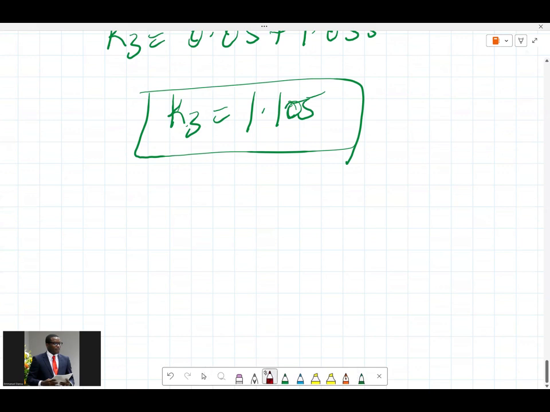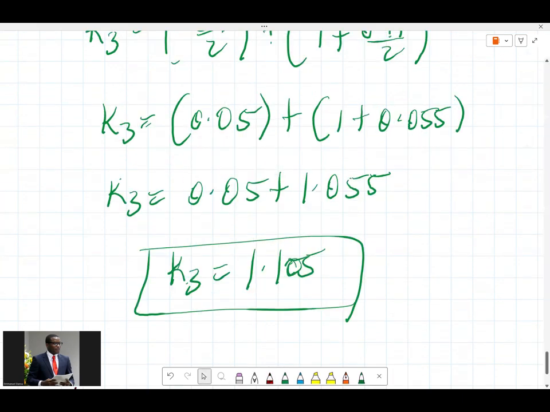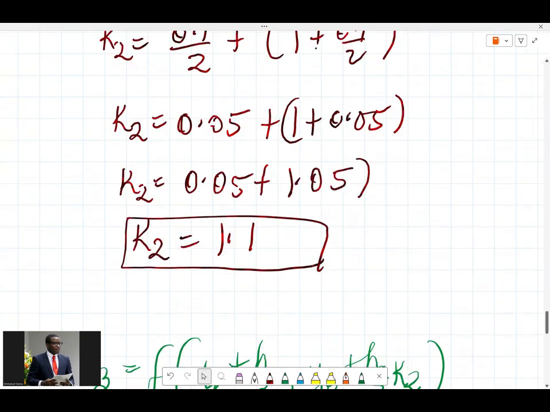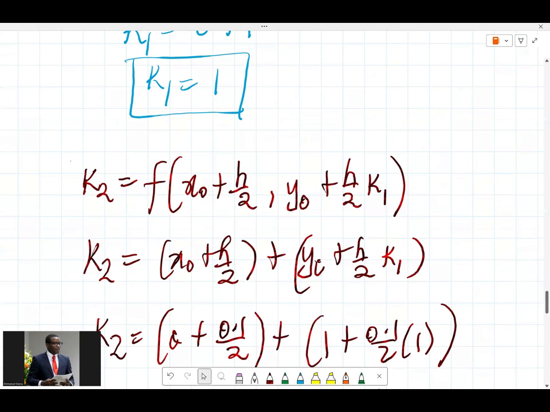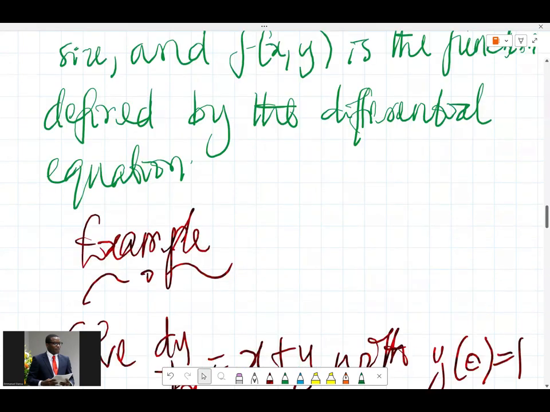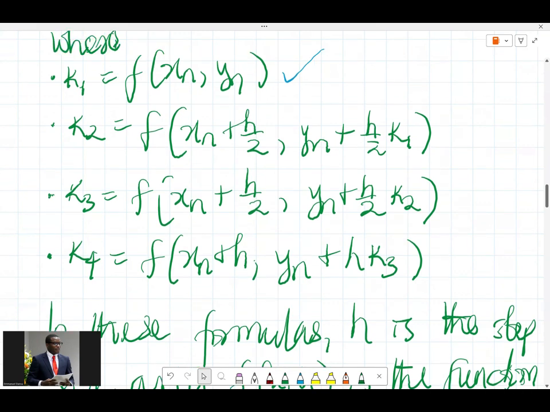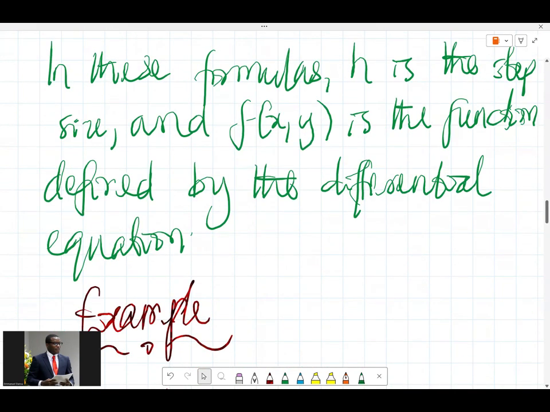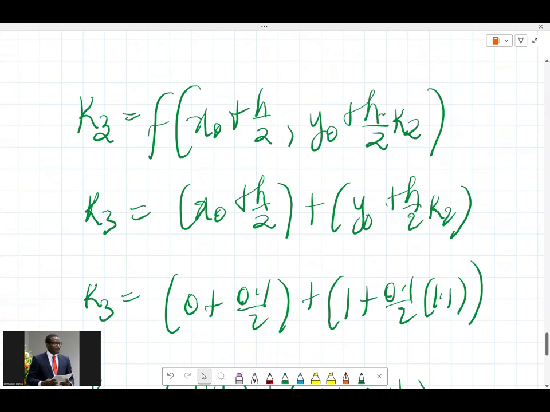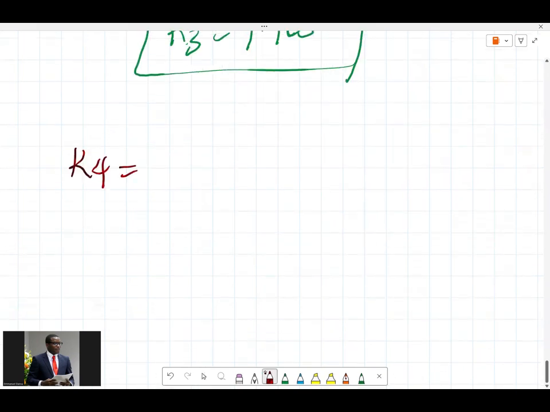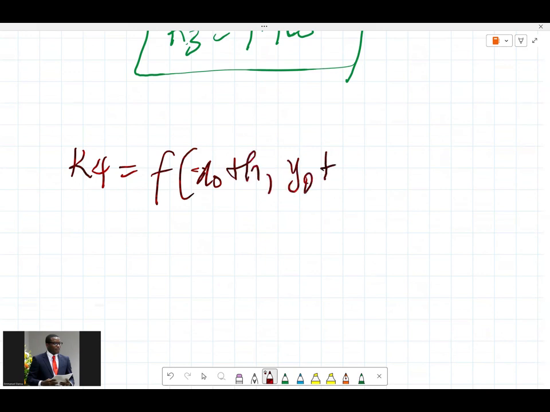So for K4 now, K4 is a bit different from the rest. K4 is xn plus h, not over 2 now. Xn plus h, yn plus h, K3. So K4 is equal to function of x naught plus h, y naught plus h K3.